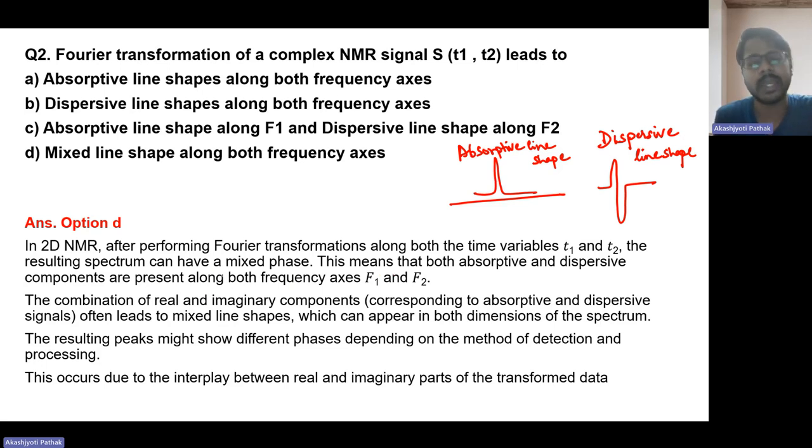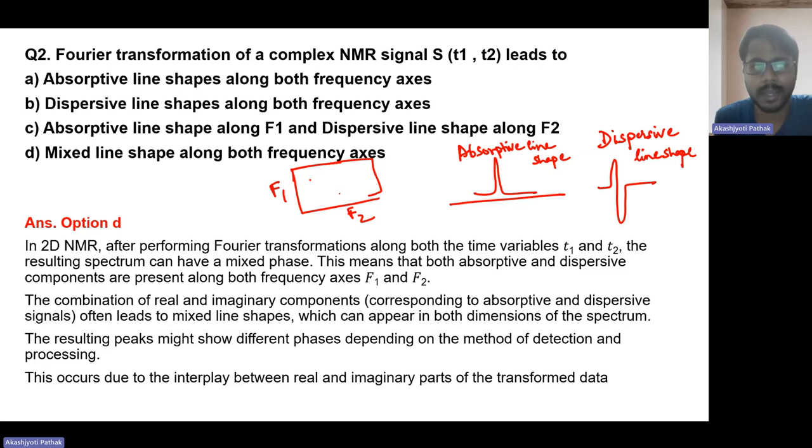And the combination of these real and imaginary components, corresponding to the absorptive and dispersive signals, often leads to mixed line shapes, which can appear in both dimensions of the spectrum. So in a 2D NMR, you have the F1 dimension and the F2 dimension. In the F1 dimension, you can have both the absorptive line shape and the dispersive line shape, and similarly in the F2 also you can have both.